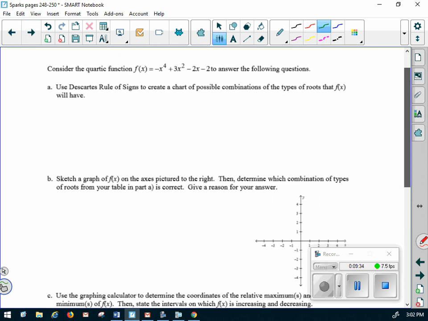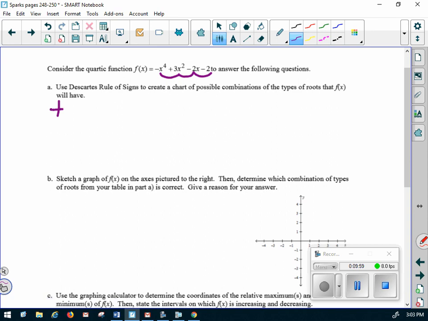Consider the quartic function f of x to answer the following questions. Use Descartes' rule of signs to create a chart of possible combinations of the type of roots that f of x will have. Okay? Let's see how many sign changes we have in f. 1, 2, so we have 2 sign changes.